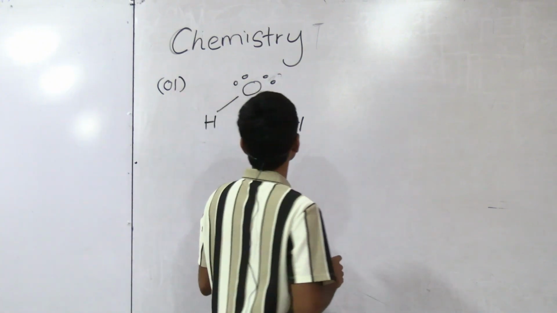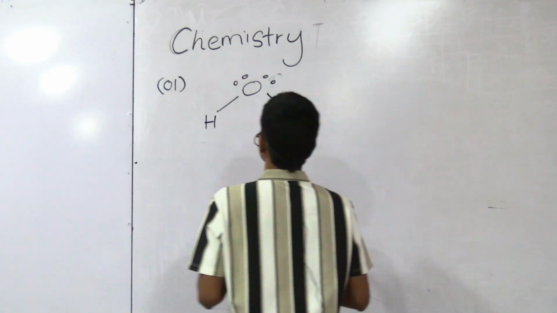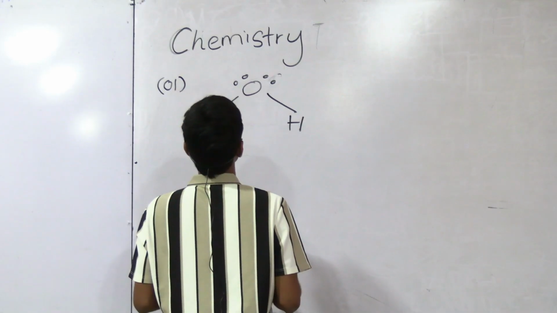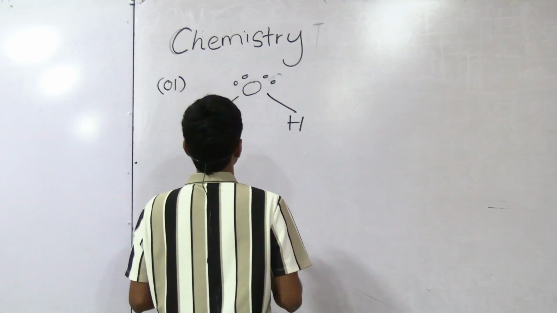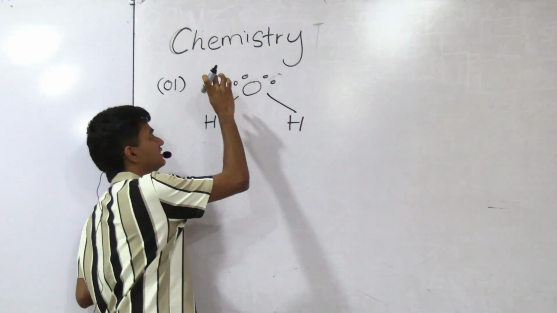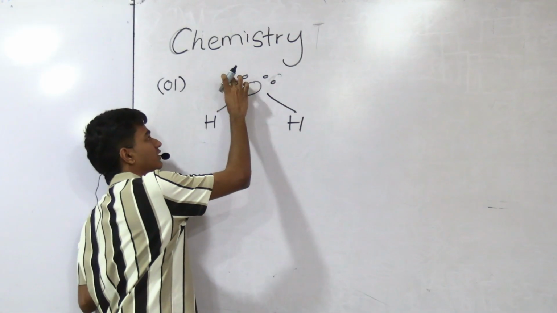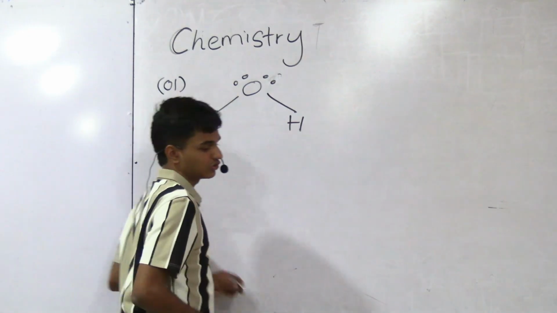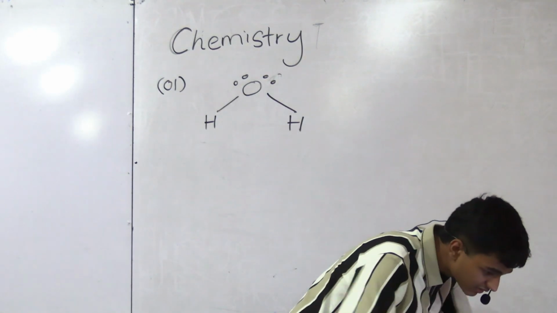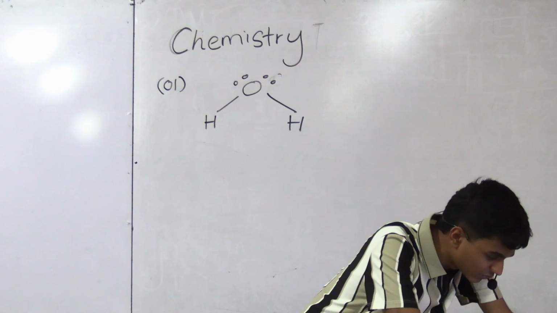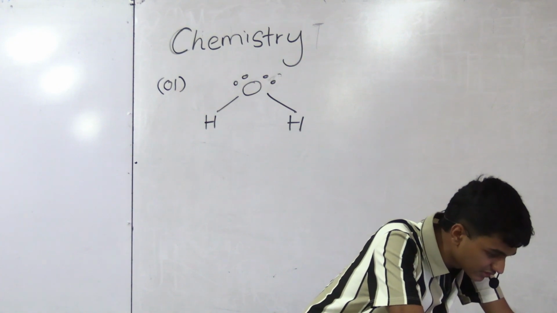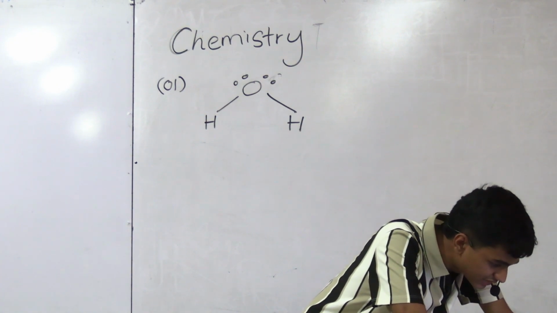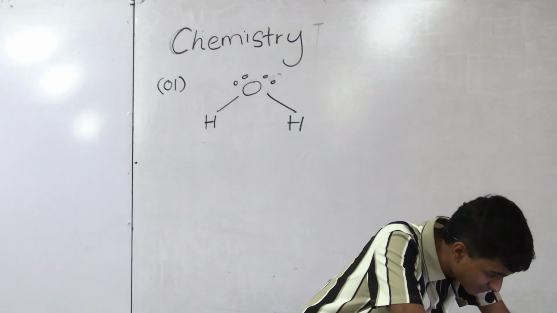The question asks how many valence electrons are around the oxygen atom. If we count these lone pairs, it's going to be 1, 2, 3, 4, 5 and 6. So here, the answer to question number 1 is 3, 6 lone pairs of electrons around the oxygen atom.